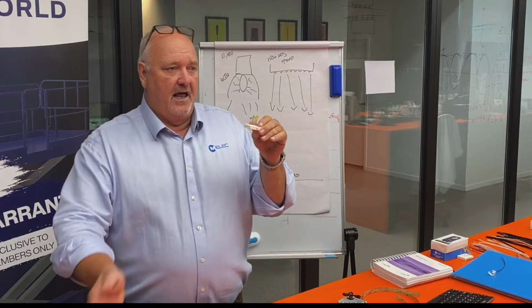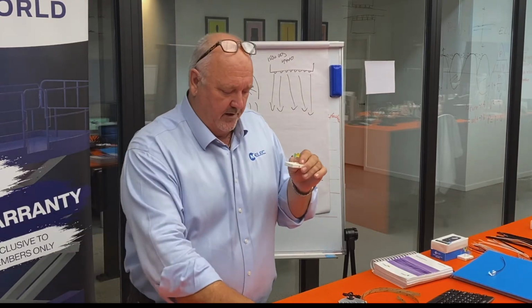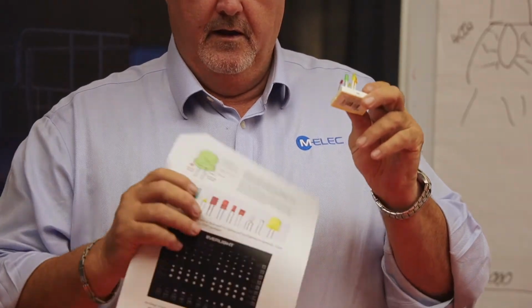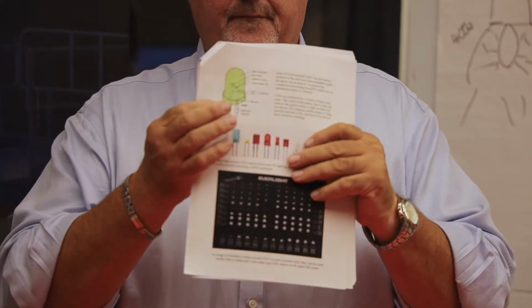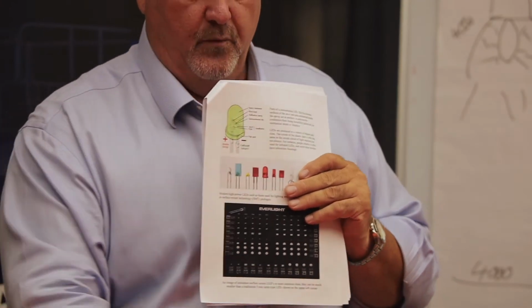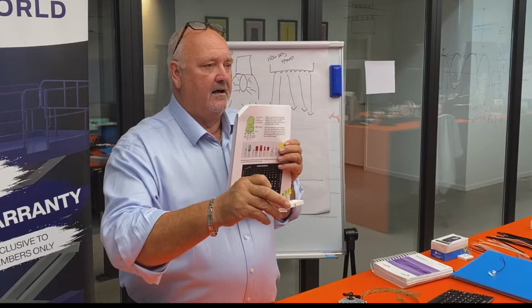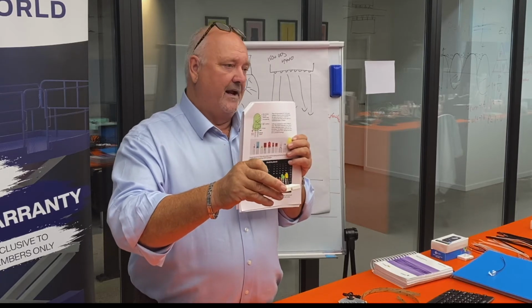So, some examples of it. When we were looking here previously, this is the larger one on the left. When you look at your paperwork, this is what we're talking about. These are the original. They were indicators.